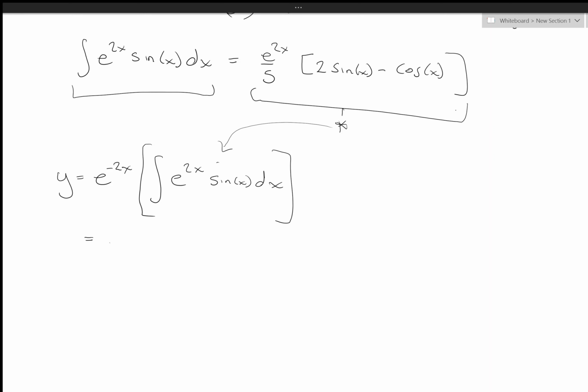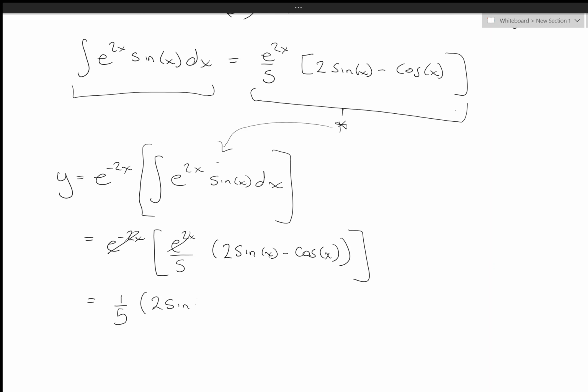So y equals e to the negative 2x times e to the 2x over 5, times 2 sine x minus cos x. They cancel, so y equals 1/5 times 2 sine x minus cos x. This is the solution to the differential equation.